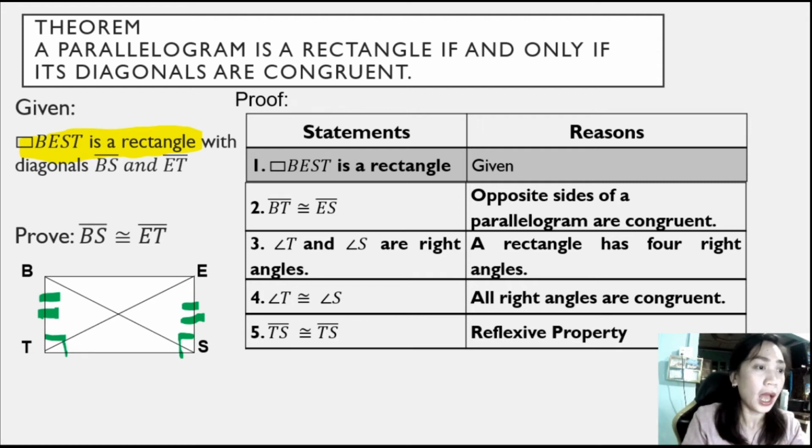Next, side TS is congruent to the same side TS, using the reflexive property.